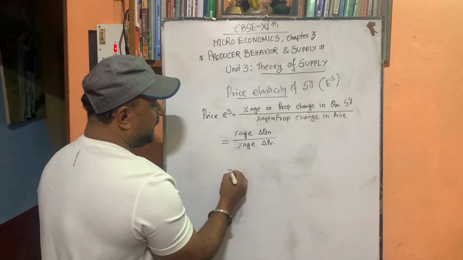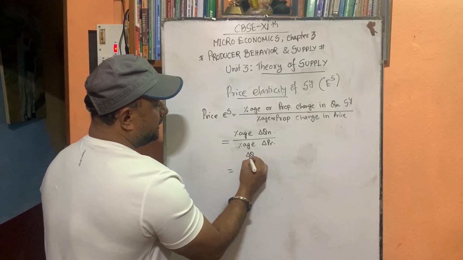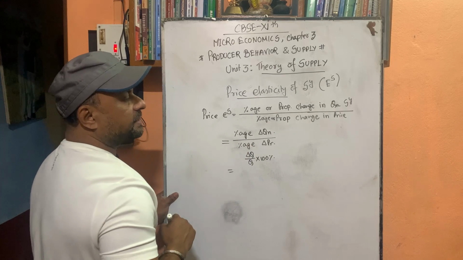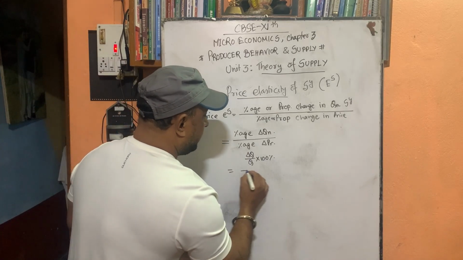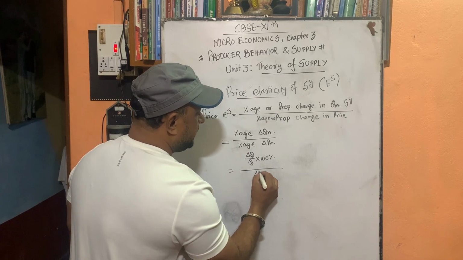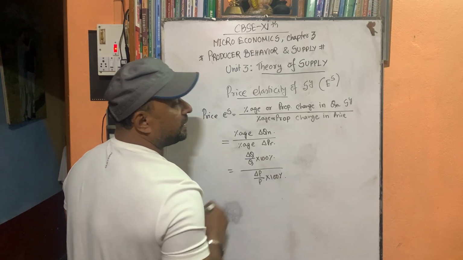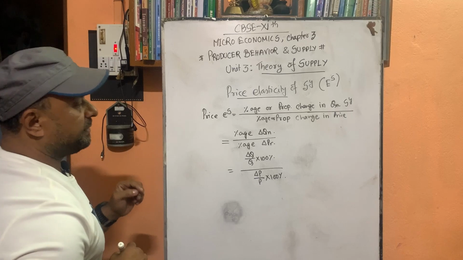In short, if we write it like that: delta Q by Q into 100% is the percentage change in quantity, and percentage change in price means delta P by P into 100%. This is the formula of the percentage method.